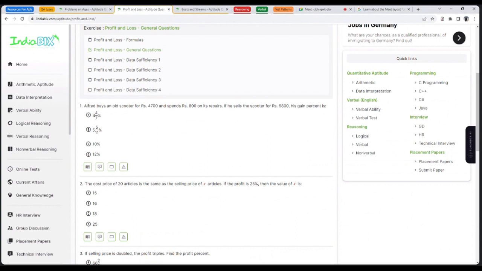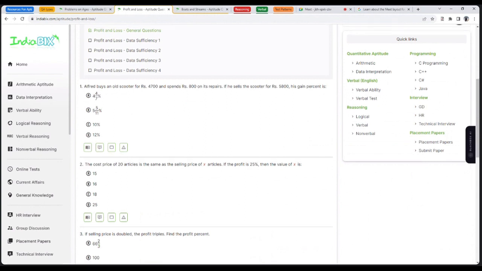Once you remember the formulae, you need to solve as many questions as possible to master these types of questions. For example, the cost price of 20 articles is the same as the selling price of X articles. If the profit is 25%, then determine the number of articles. Or they'll give you data in terms of rupees.